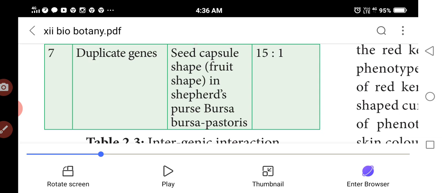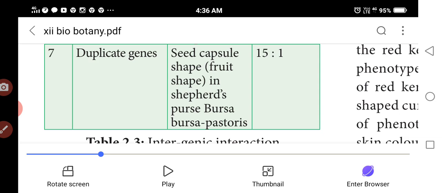It may be that fruit shape in the plant is controlled by two genes. The presence of a dominant gene yields a triangular fruit, but the presence of dominant alleles of both genes is not necessary. The presence of a dominant allele of even one gene is sufficient.